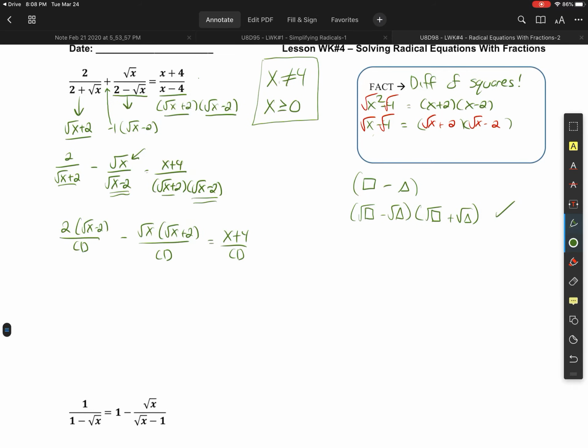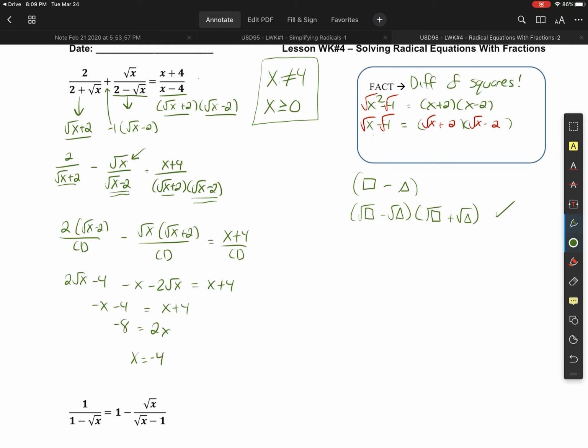Distribute: 2 rad x minus 4 minus x minus 2 rad x equals x plus 4. Combine like terms: negative x minus 4 equals x plus 4. Solve for x: negative 8 equals 2x. x equals negative 4.